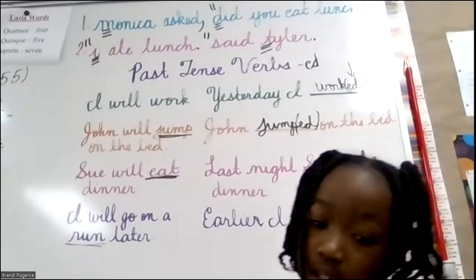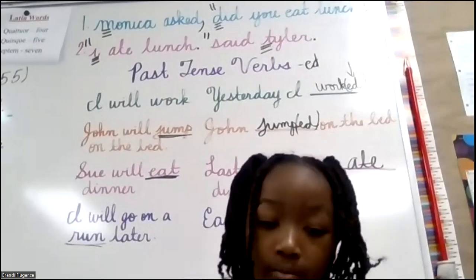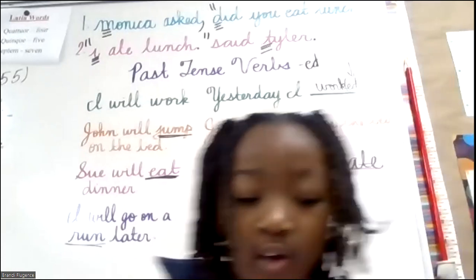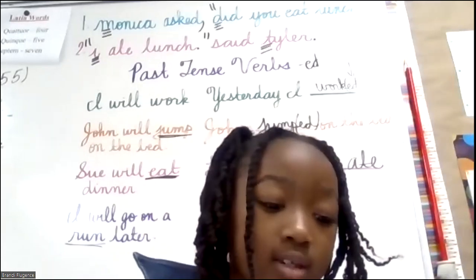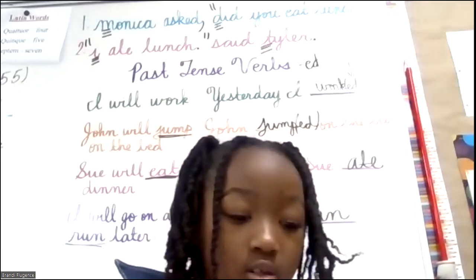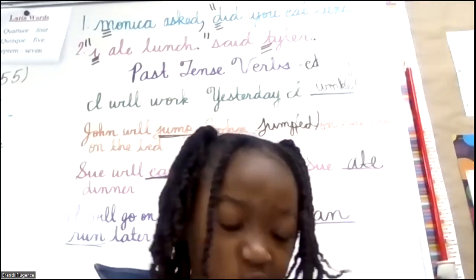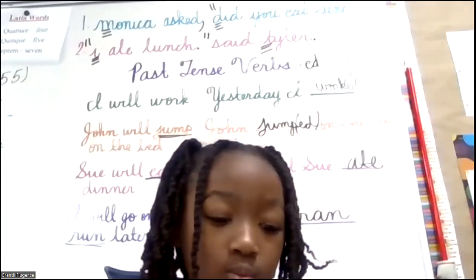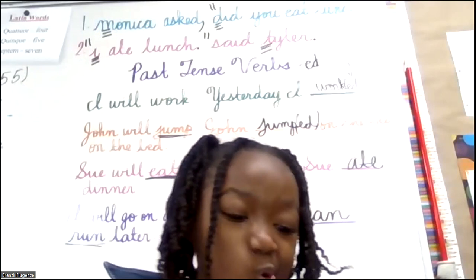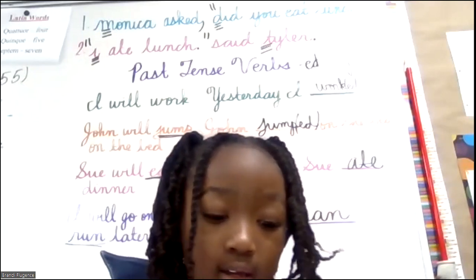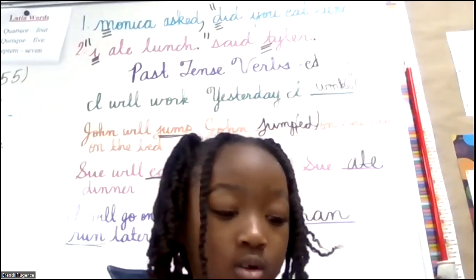Anytime the G is followed by an E, the G will say J. So let's look at it, for example. Look at the G in this word here. It's followed by an E. So what would the word be? Okay, in this case, you have DG. DG is always followed by a vowel. The word is feathers. Next one, look at that G. It's followed by an E, so the G will say J. The word is.